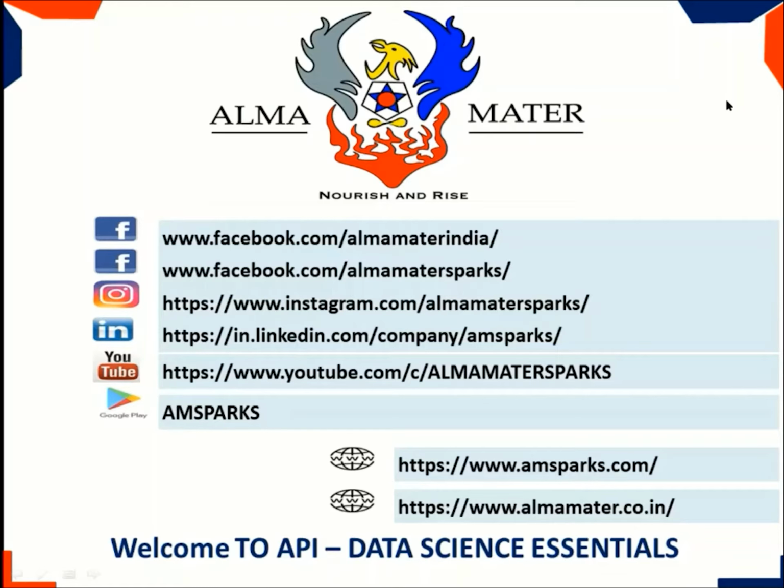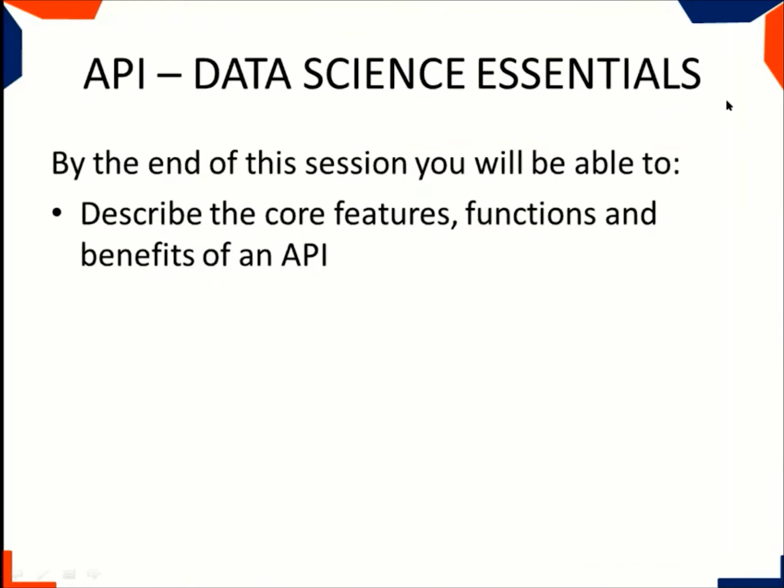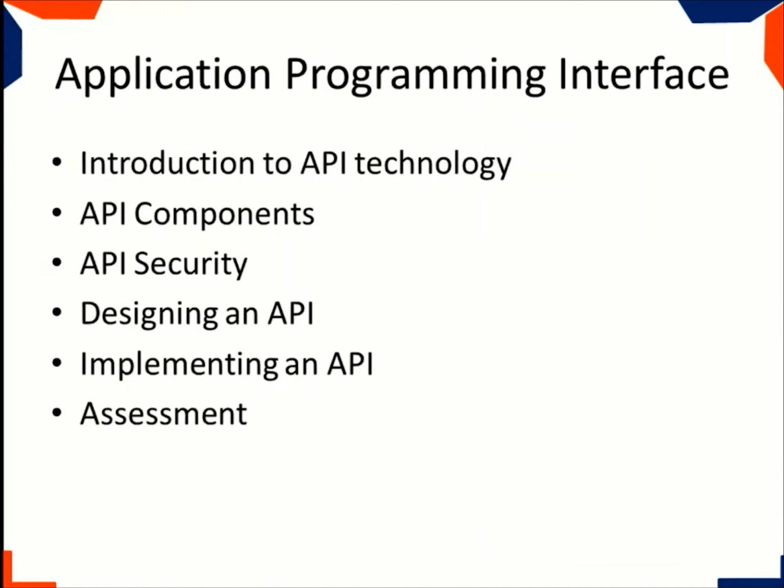The first part that we are going to talk about is the API and data science essentials. By the end of the session today, you will be able to describe the core features, functions and benefits of API. So let's begin with the API interface. First, we'll be introducing you to the API technology.